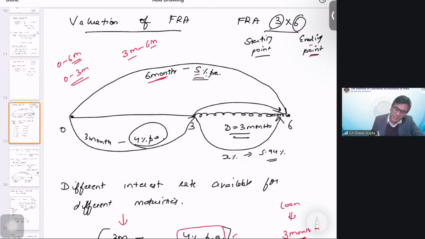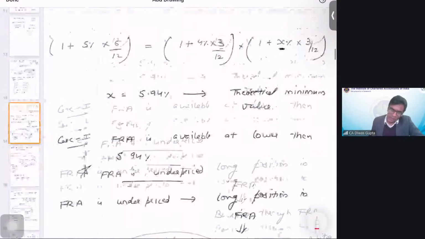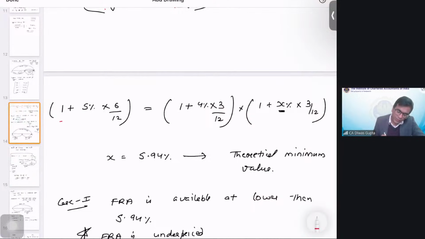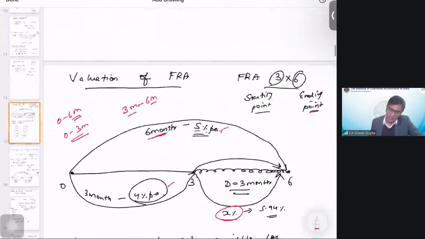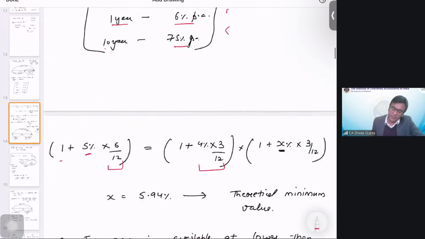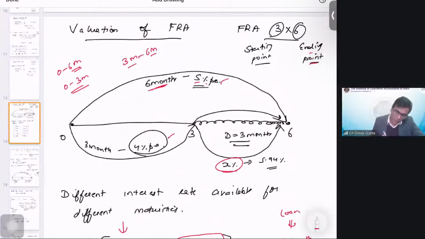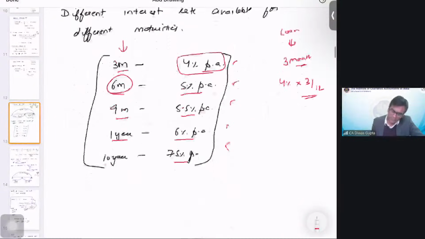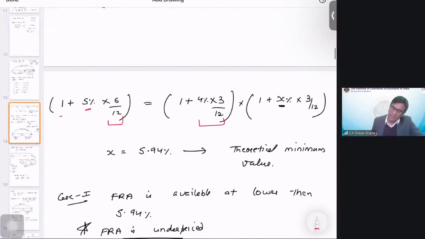Let's say the 6 months maturity rate is 5% per annum, and the 3 months maturity rate is 4% per annum. Then we can assume the future rate to be x and put in an equation to calculate this. So 1 plus 5% into 6 by 12 is equal to 1 plus 4% into 3 by 12, which is the 0 to third month, multiplied by 1 plus x percentage into 3 by 12.